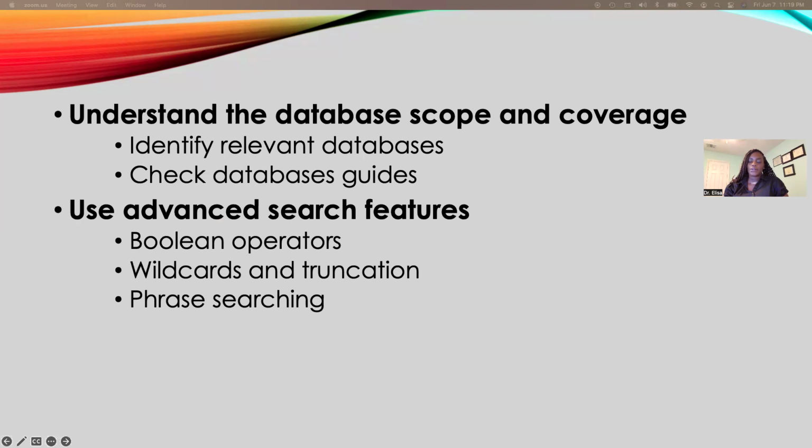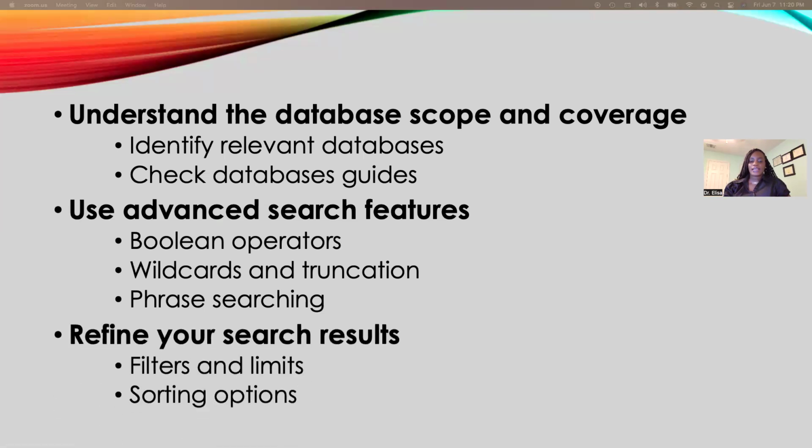For example, you could use COMPUT asterisk, and that will search for the words computer, computing, computation, etc. Next, there is phrase searching. You use quotation marks to search for exact phrases. For example, you put the term climate change in quotation marks to find anything that is related to climate change.